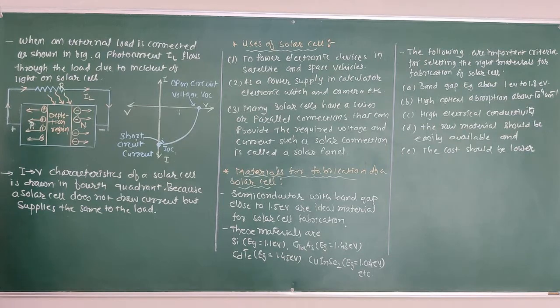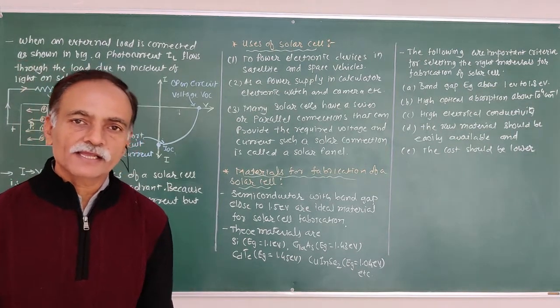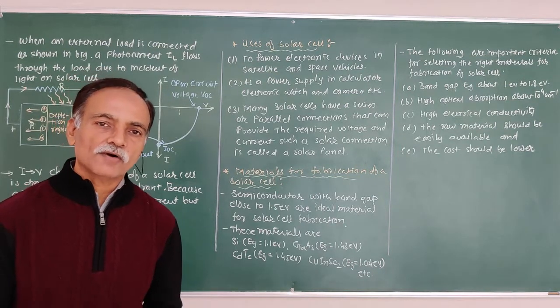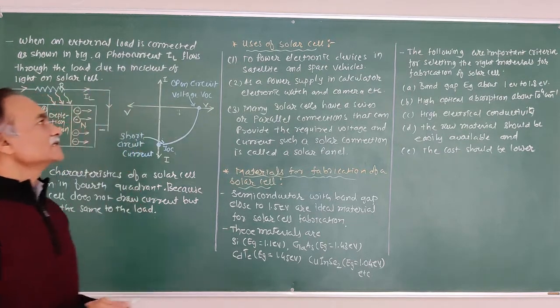So that is the working of a solar cell, how the current is generated in the solar cell due to the incidence of light. Clear? Now what are the uses of solar cell?